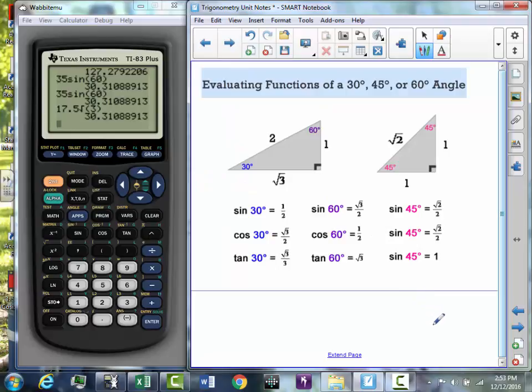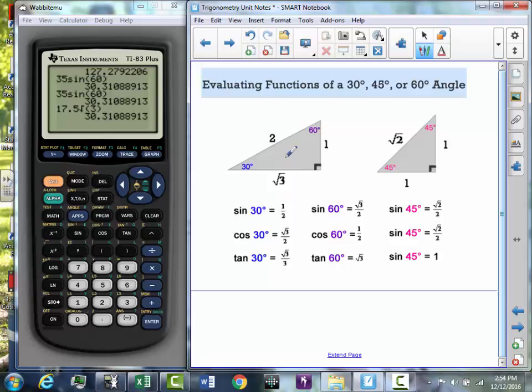So kind of here's a rough idea about how you can know what each of these angles is equivalent to. Sine of 30 is equal to 1/2. Basically, if you look at this triangle right here, if here's a 30, sine of 30 is always 1 over 2. Now, it could be 1 over 2, could be 2 over 4, could be 3 over 6, could be 800 over 1600. But whatever the ratio happens to be, we know it's 1/2.